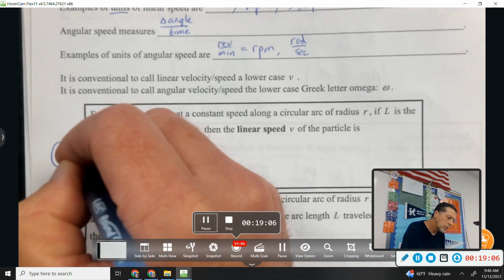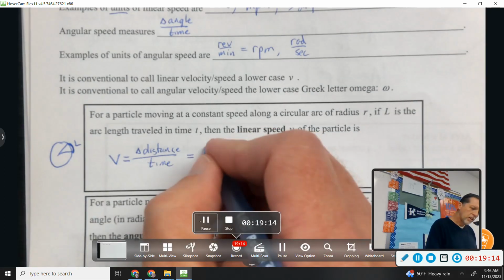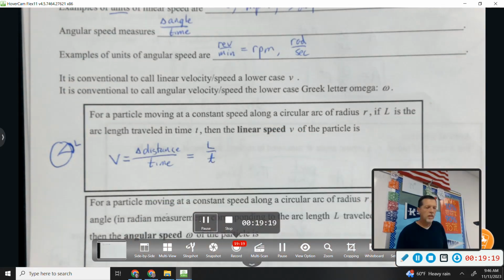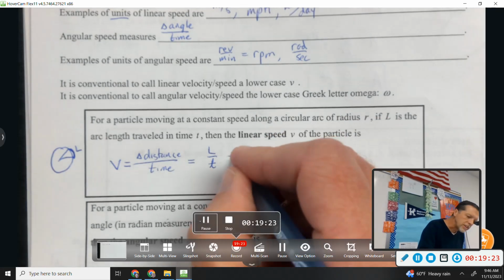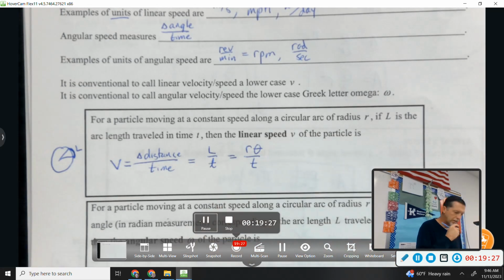And the distance we're going through is that L, right? That arc length. So this is the connection to what we were just talking about. So arc length over time. But arc length is r theta over time.